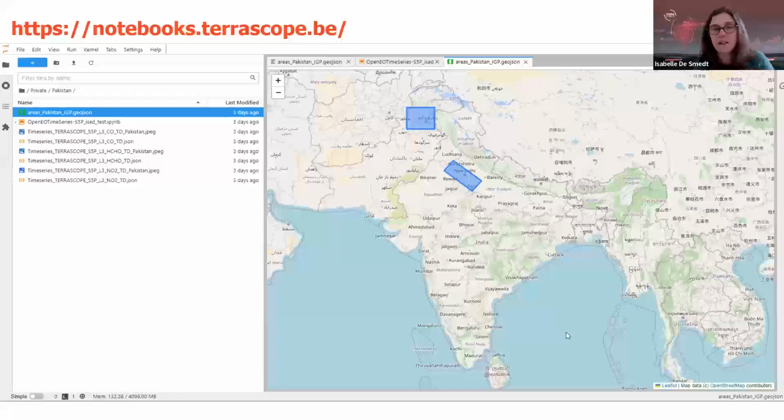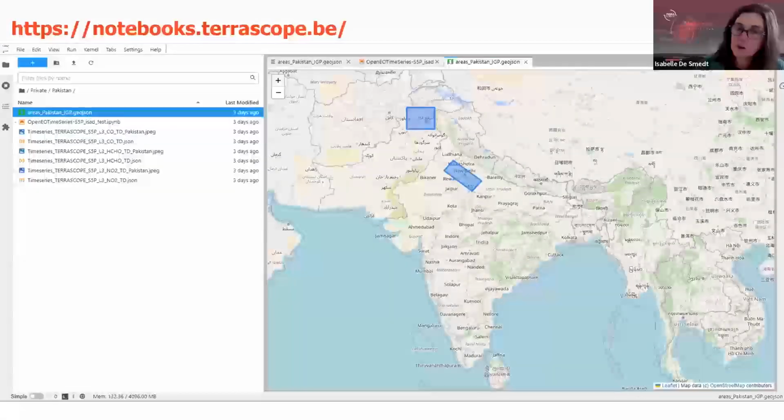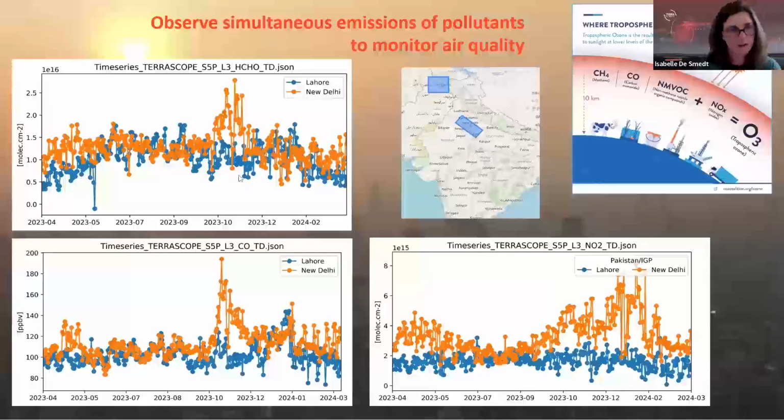And so I played again a little bit in the Terrascope notebook. Here we defined two regions, in Pakistan and New Delhi, and tried to get time series of these molecules. So that's the result. Here I plot the observations for each gas in these two regions: formaldehyde, CO, and NO2 over the full year 2023.